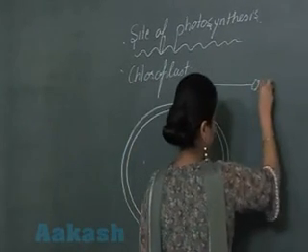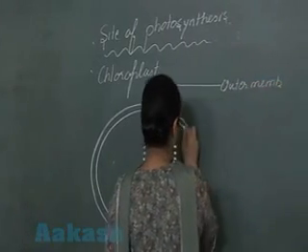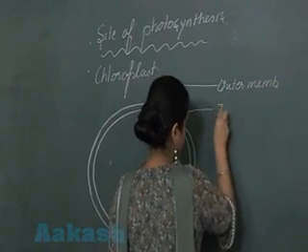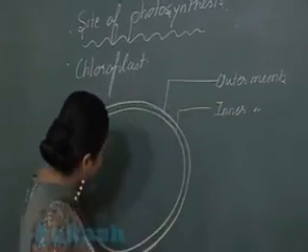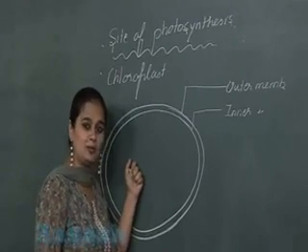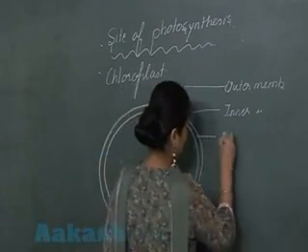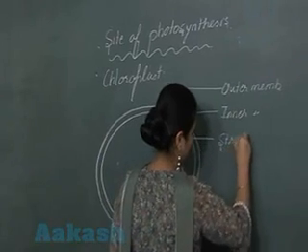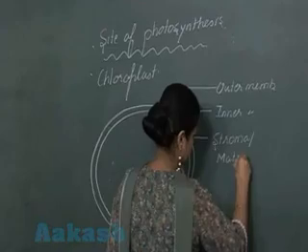So this one is the outer membrane and this one is the inner one. Now inside the membrane, the space which is present is filled with a proteinaceous colloidal complex, and that complex is known as stroma, or you can also call it the matrix.